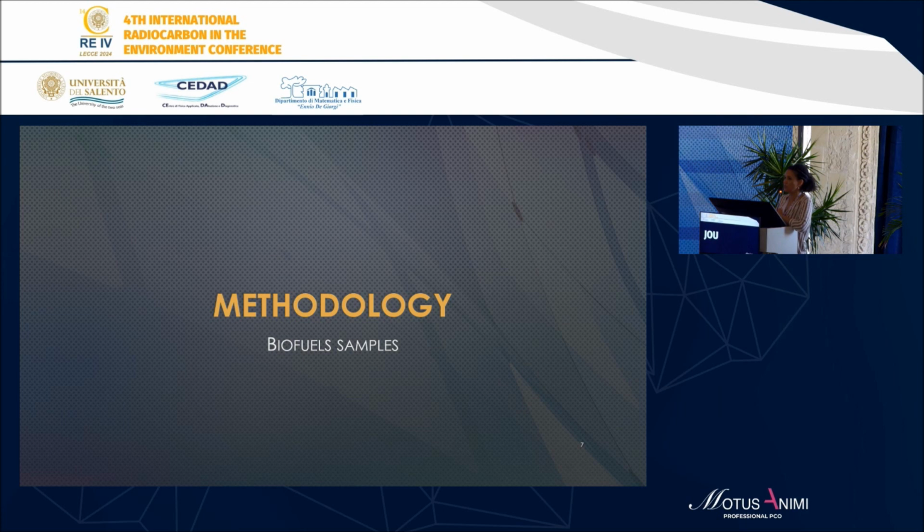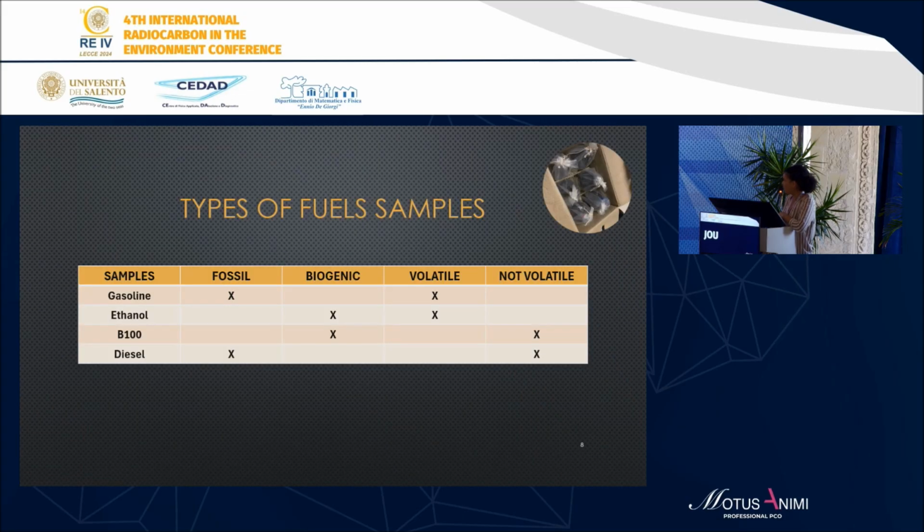Now I will show you the methodology we use for these biofuel samples. We basically chose 4 different types of fuel commonly found in some cultures: gasoline, ethanol from sugarcane, B100, which is like a vegetable oil, and diesel.